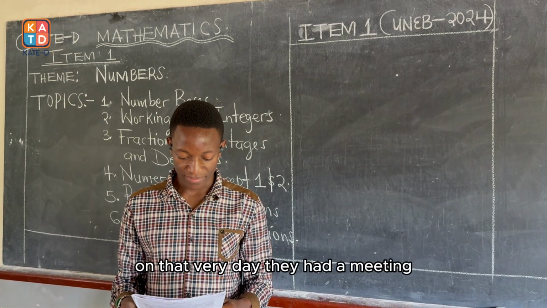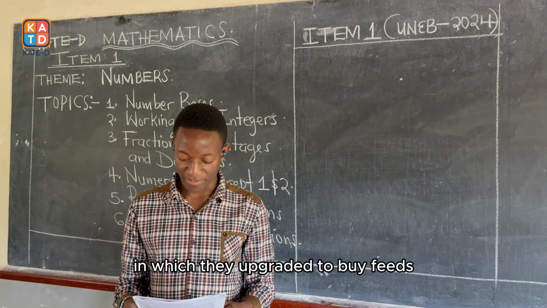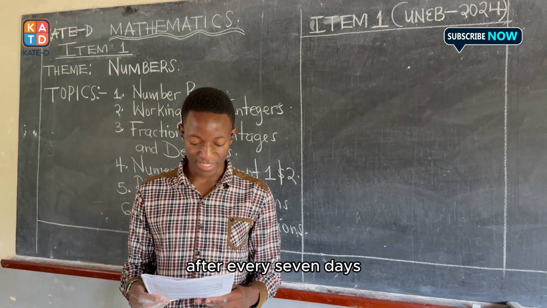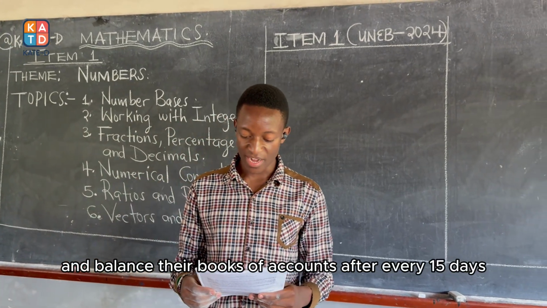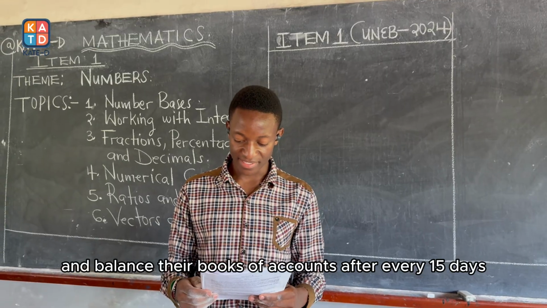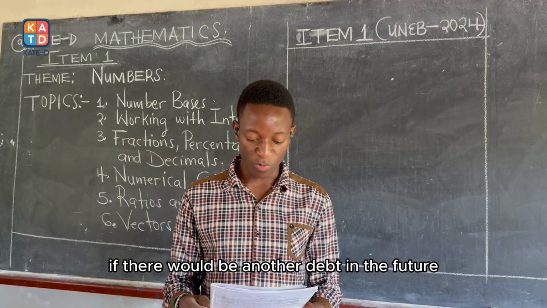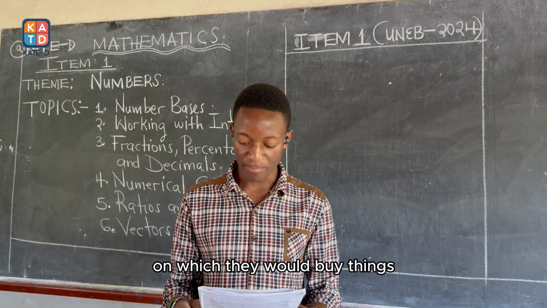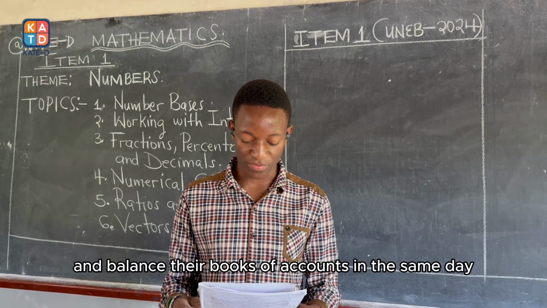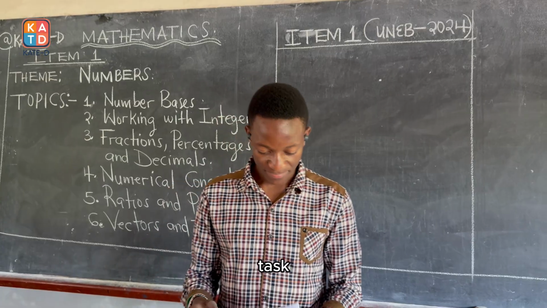On that very day, they had a meeting in which they agreed to buy feeds after every 7 days and balance their books of accounts after every 15 days. However, Sarah wondered if there would be another date in the future on which they would buy feeds and balance their books of accounts on the same day. Task.